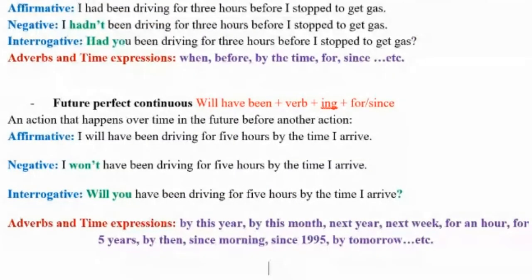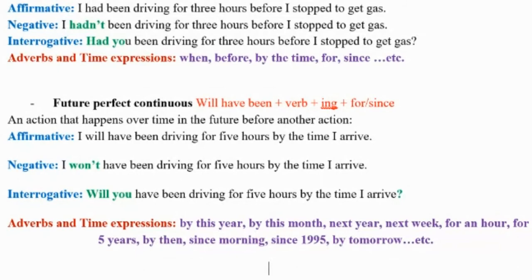Two actions. So an action that happens over time in the future before another action is taking place. So we have, I will have been driving for 5 hours by the time I arrive. In the negative form, we use the negative form of will, which is won't. In the question, we use will at the beginning, and at the end, the question mark.